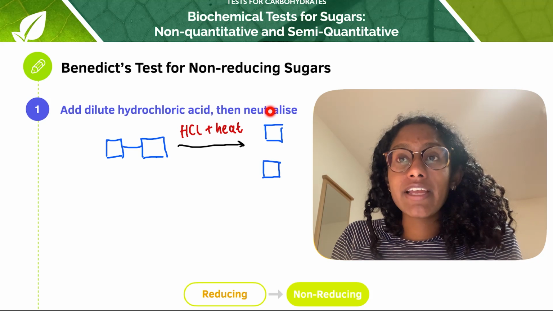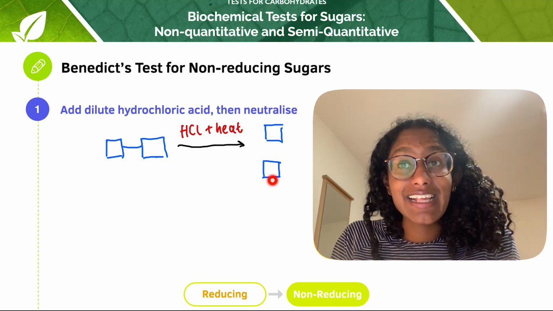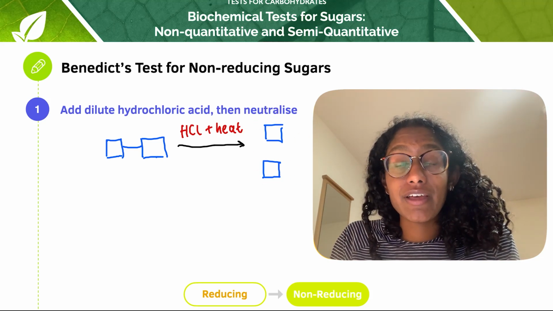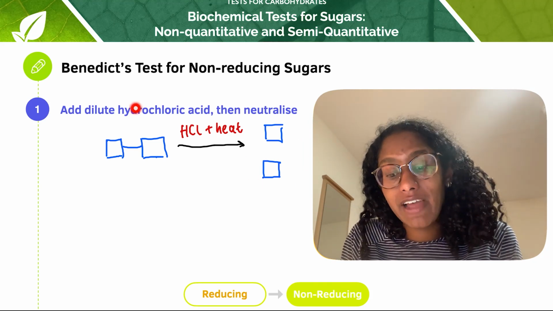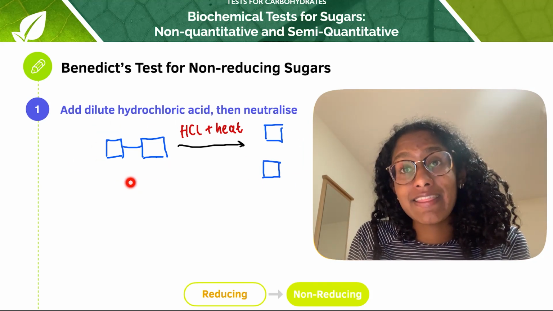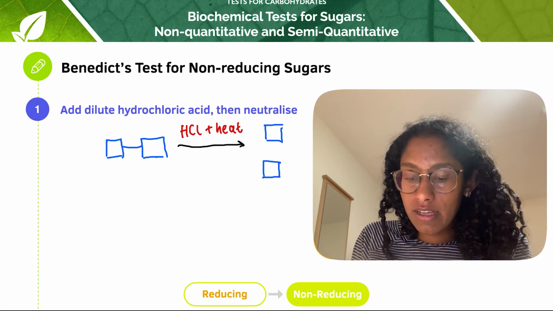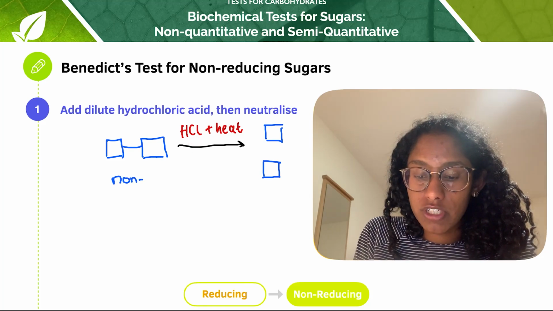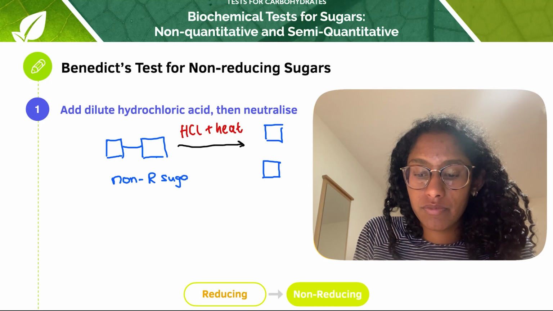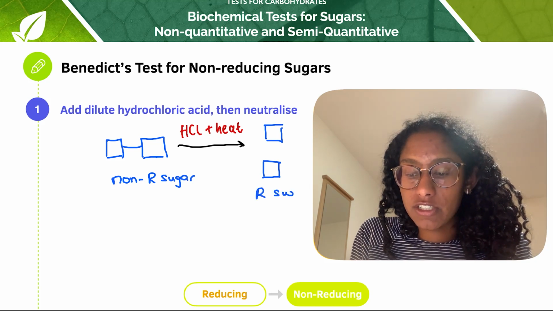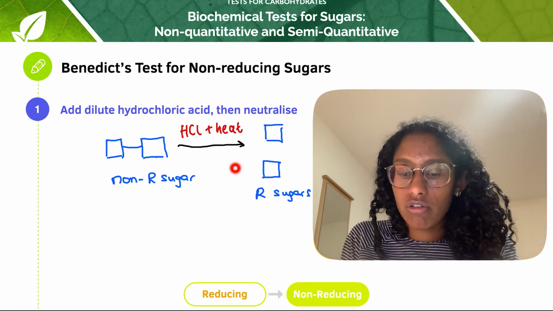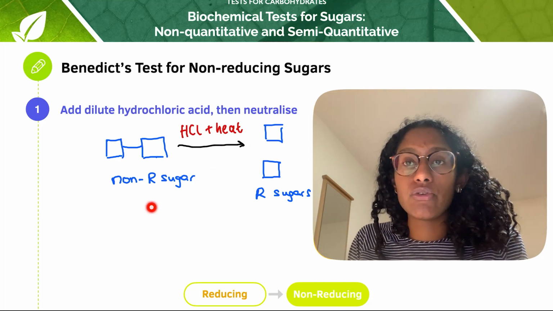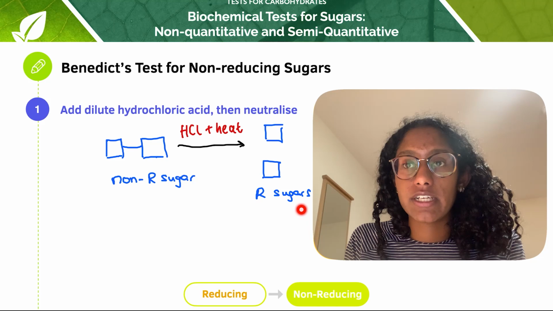So that means that if I now add Benedict's solution to this, I'm going to have a positive result because I've got my reducing sugars present. Whereas this is a non-reducing sugar, and these are reducing sugars. So we need this hydrochloric acid to break down our non-reducing sugar to our reducing sugars.